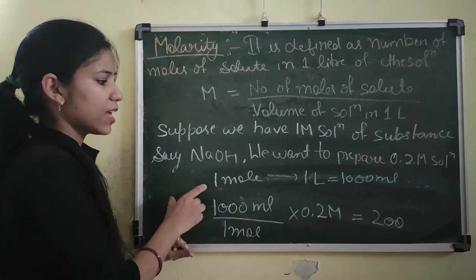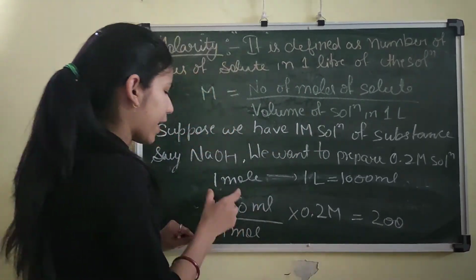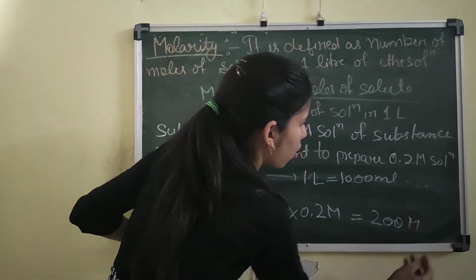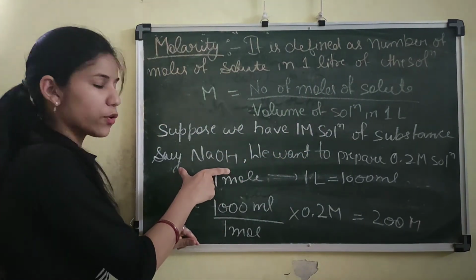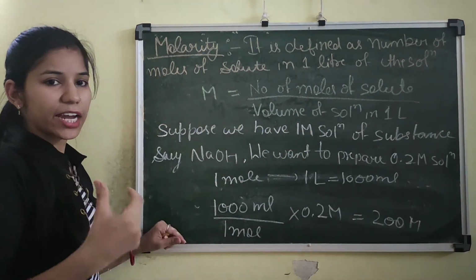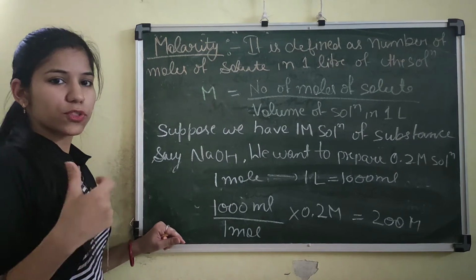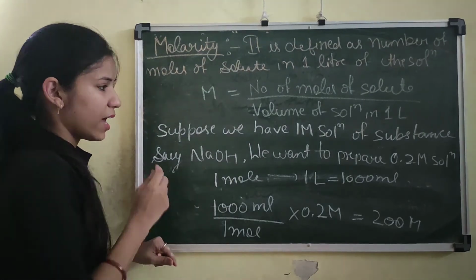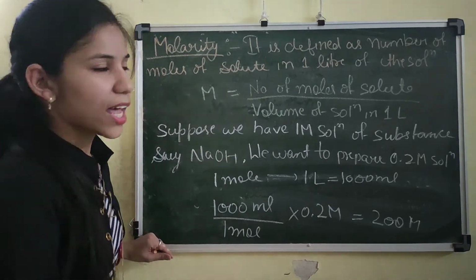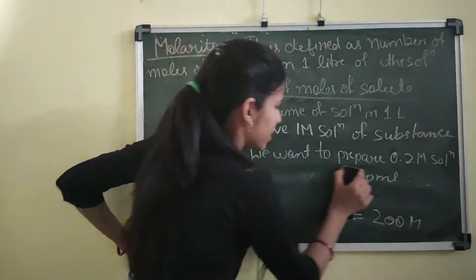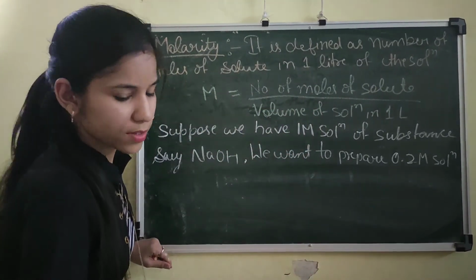So 200 ml of the solution of NaOH is used, and this is diluted to 1 liter of solution with water, and we calculate the solution from this rule.